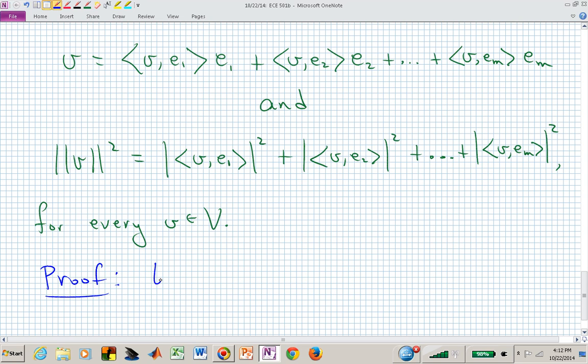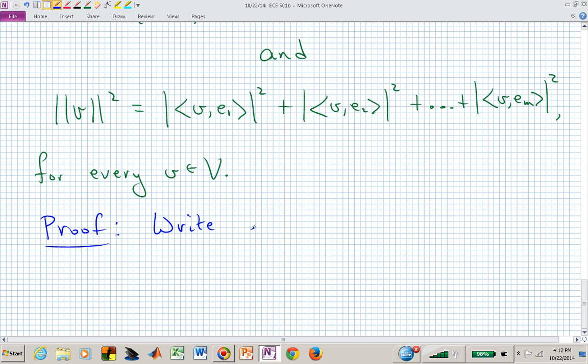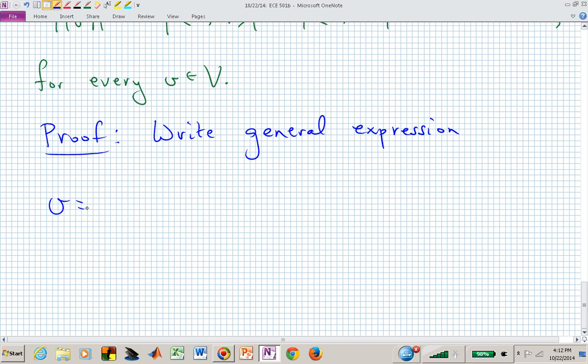And we can convince ourselves of that theorem. Let's now just write a general expression for V. Let's say V is now some A1 E1 plus A sub 2 E sub 2 plus A sub m E sub m.